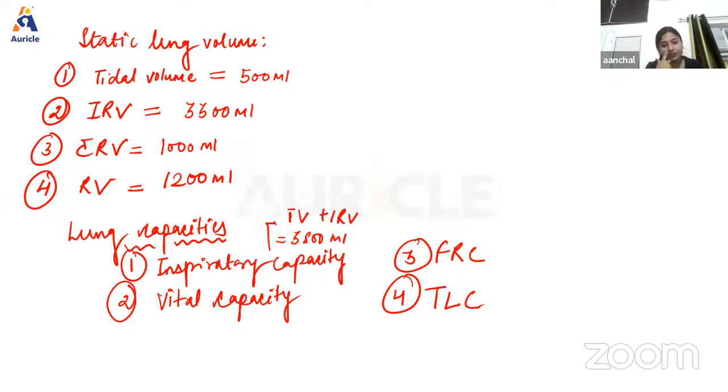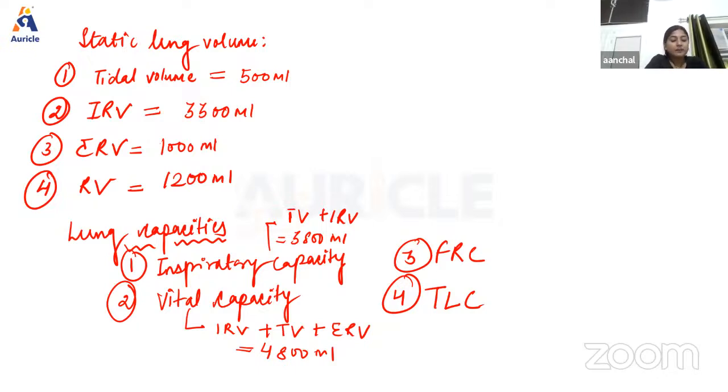And for determining vital capacity, we have a formula: inspiratory reserve volume plus tidal volume plus expiratory reserve volume. IRV is 3300, tidal volume 500, and ERV is 1000. So it will be around 4800 ml.